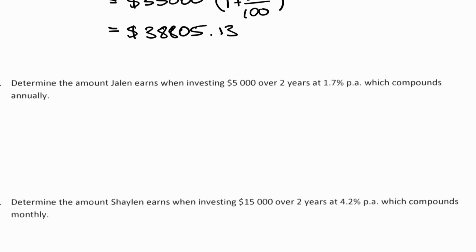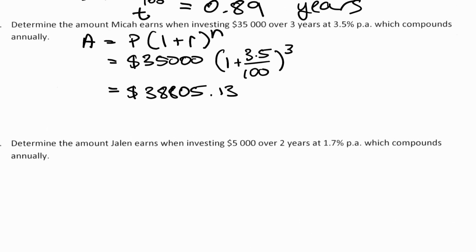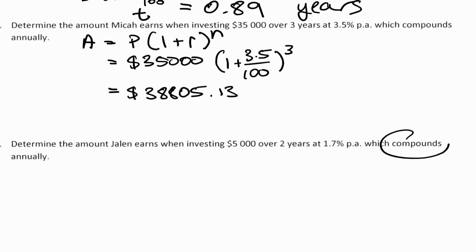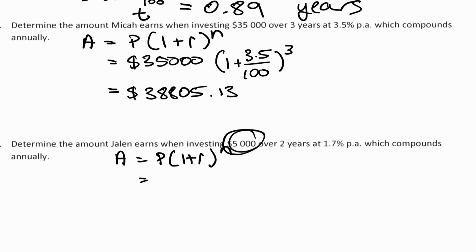All right. Determine the amount Jalen earns when investing $5,000 over 2 years at 1.7%, compounding annually. So again, it's the compound interest formula because it's a compound interest question. So that is A equals P outside 1 plus R to the N. The principal is $5,000.